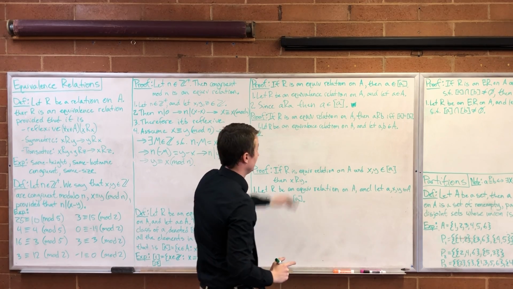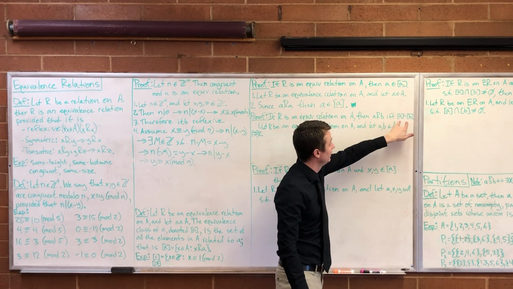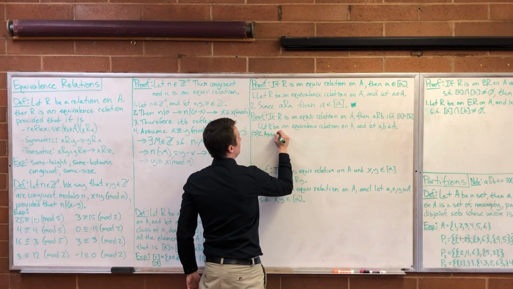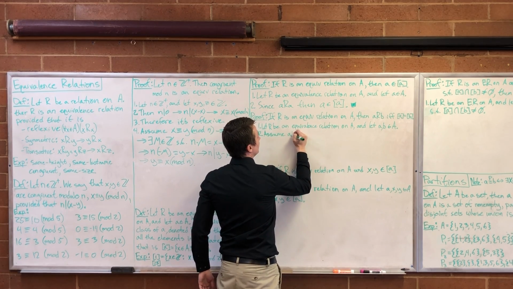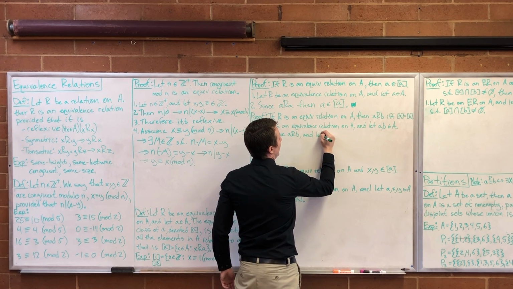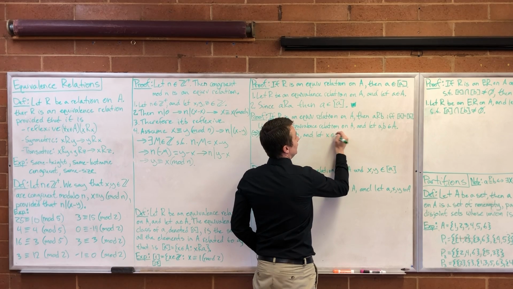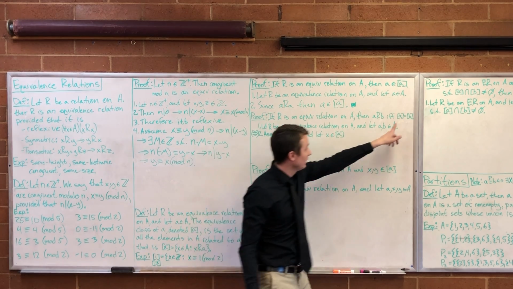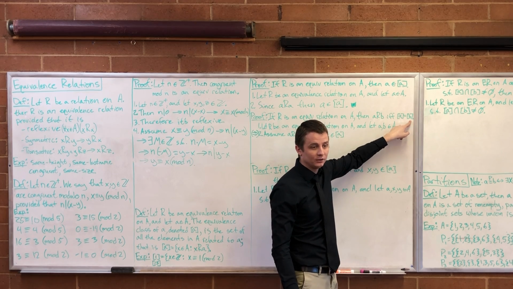So, I'm showing that if a is related to b, then these sets are equal. So, assume a is related to b, and let x be in the equivalence class of a. I need to show that this set is equal to this set. How am I going to do that?